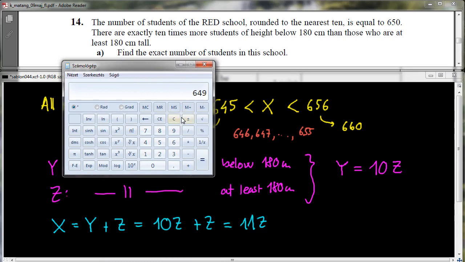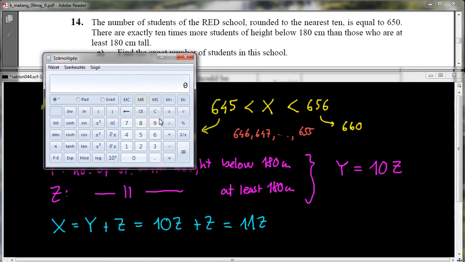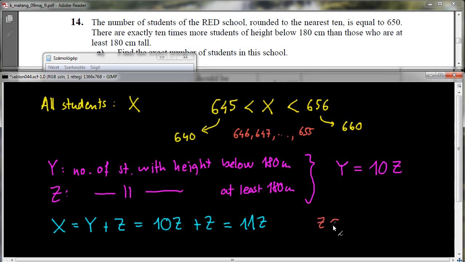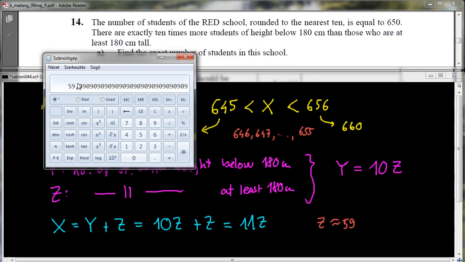For example, if you divide a number, for example 650, by 11, then you get a roughly round number. So we know that z is around 59, right? 59. Now imagine what would happen if I write 59.